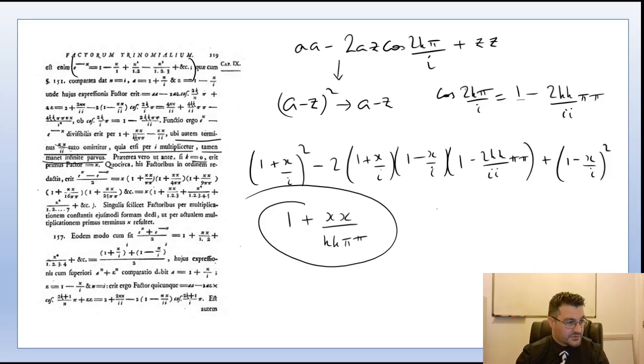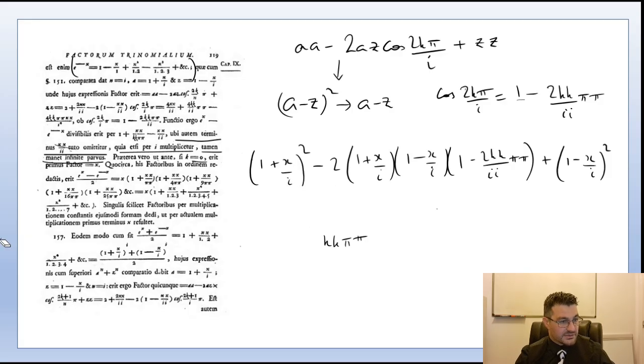So, okay, let me go on to another page and just clear a bit of space.